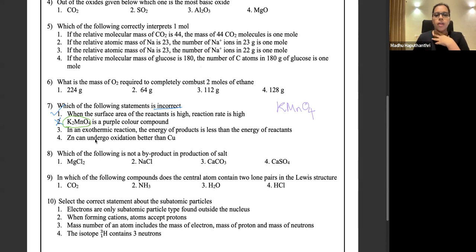Third one, in an exothermic reaction, the energy of products is less than the energy of reactants. In an exothermic reaction, what is happening to energy? I mean, basically the reaction is absorbing energy or is it releasing energy? Exothermic: releasing or absorbing energy? All right, it is releasing energy.